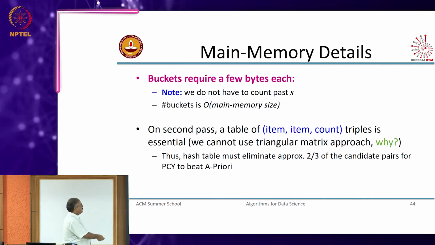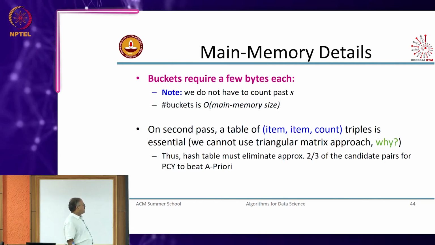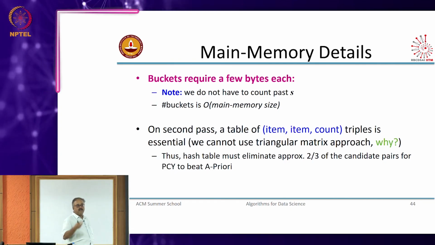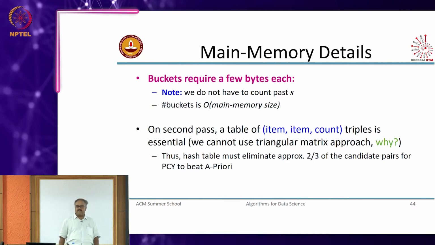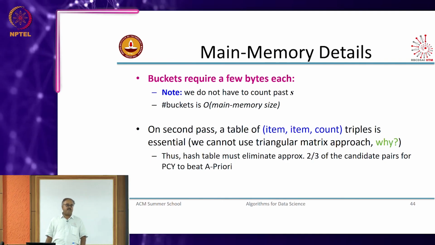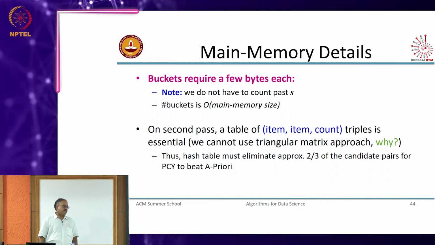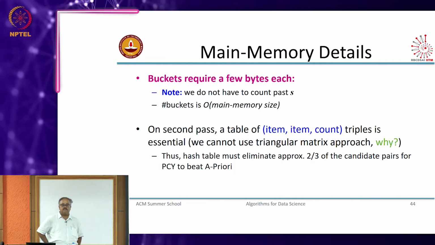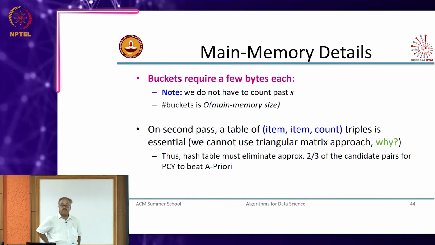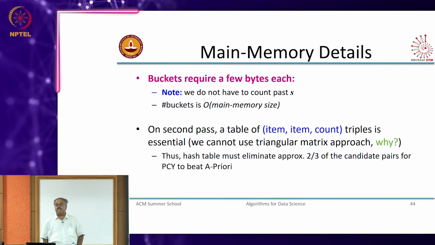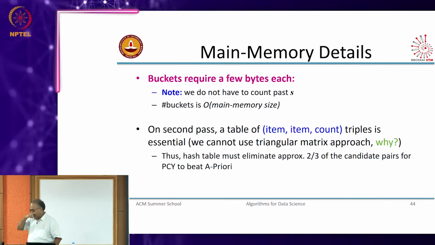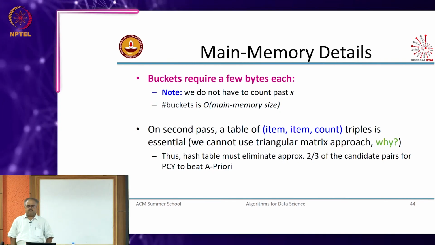Here is another question for you. On the second pass, I need to use a table of item counts, with the sparse matrix representation. I can't use the triangular matrix representation. Why? Along with frequent items, your buckets too.